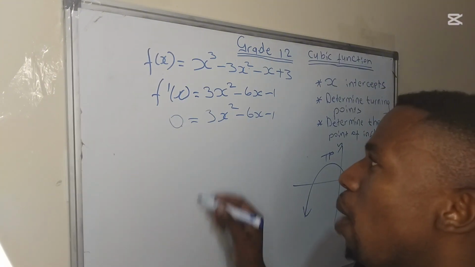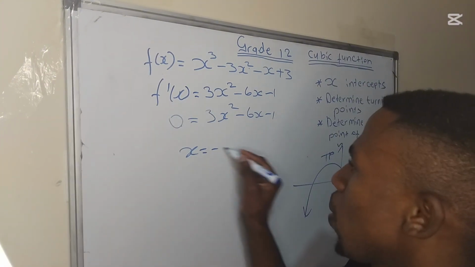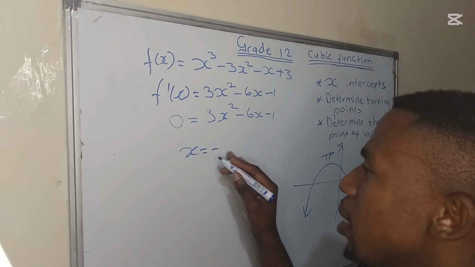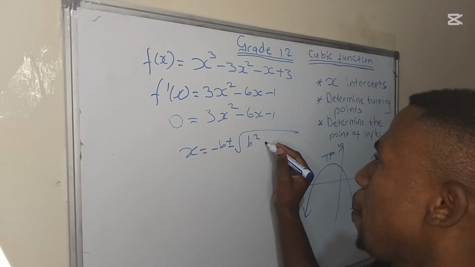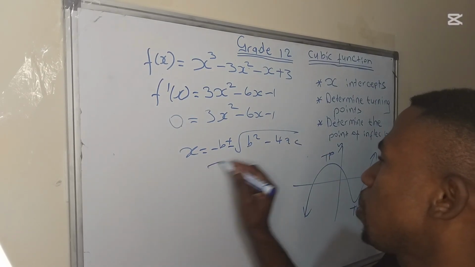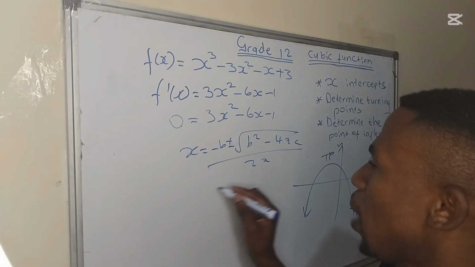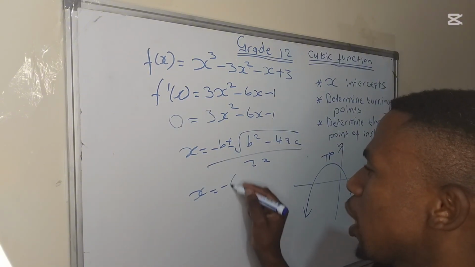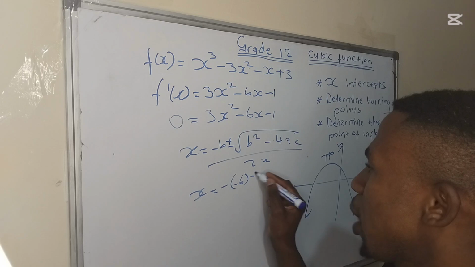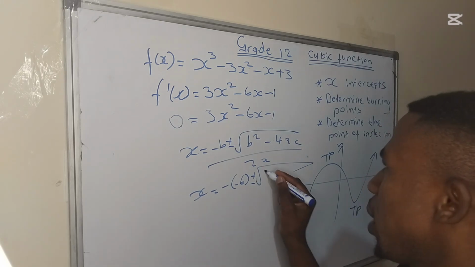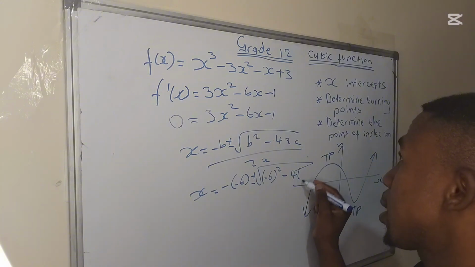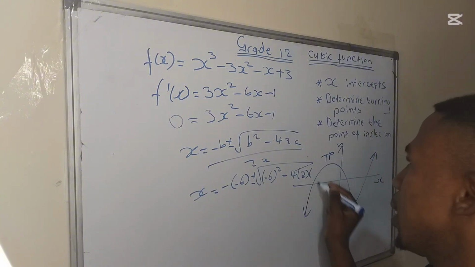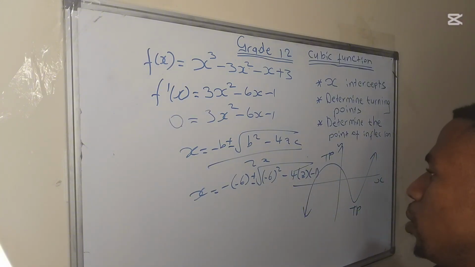So let's apply our quadratic formula. We have x equal to minus b plus or minus square root of b squared minus 4ac, divided by 2a. Then our x is equal to minus b, our b is minus 6, plus or minus square root of b, our b is minus 6, all squared, minus 4, a, our a is 3. What about c? Our c is equal to minus 1, right?